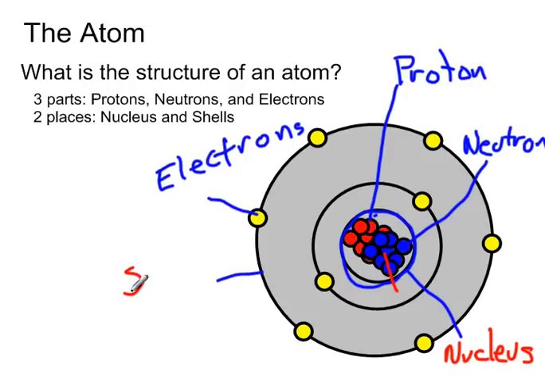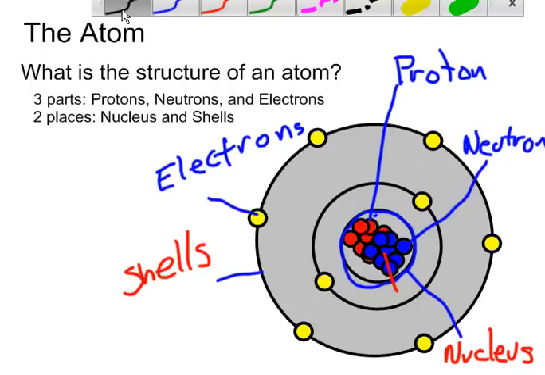Different atoms have different numbers of shells. You take hydrogen or helium, and they have one shell. You take lithium or oxygen, which this is, or carbon or nitrogen, and they have two shells. But you take something like uranium, and it has 9 or 10 shells, lots of shells.